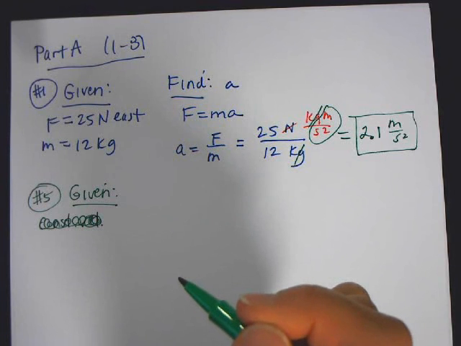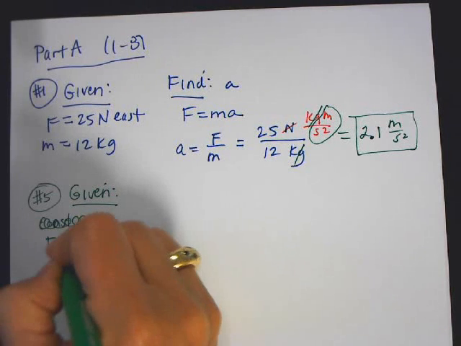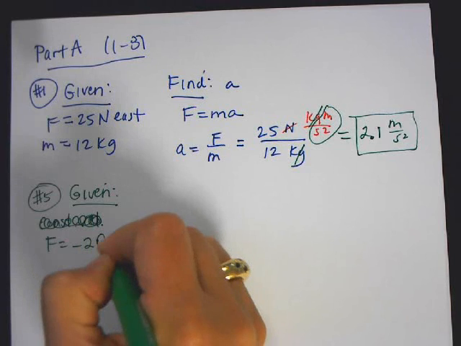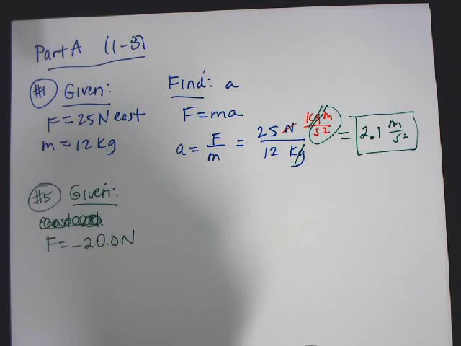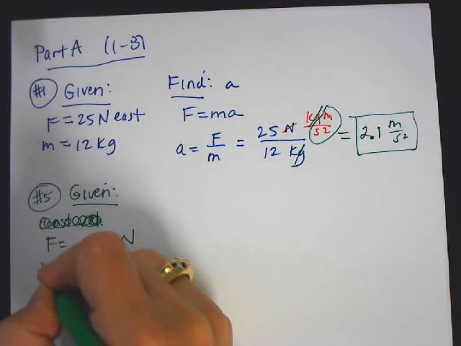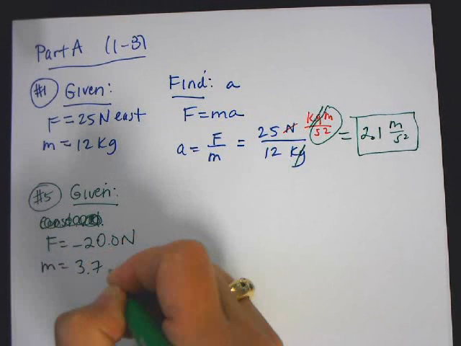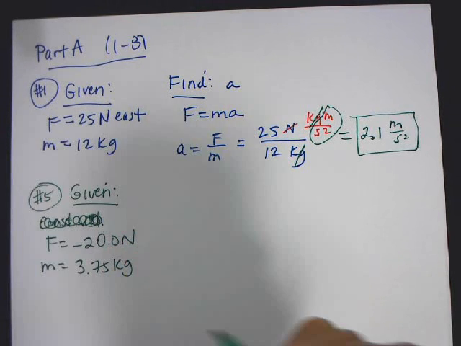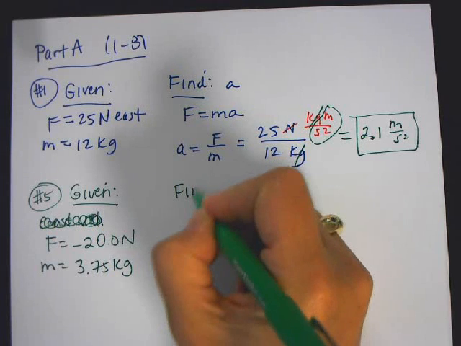If the unbalanced force is negative 20 newtons, and the mass is 3.75 kilograms, what is the acceleration?